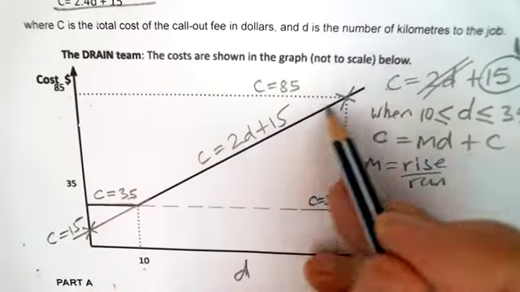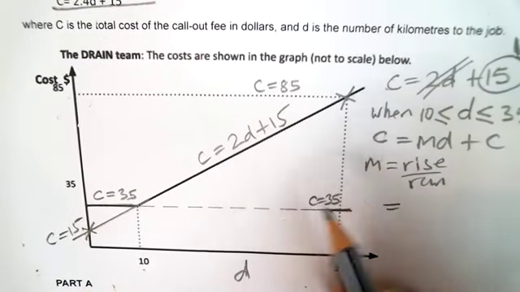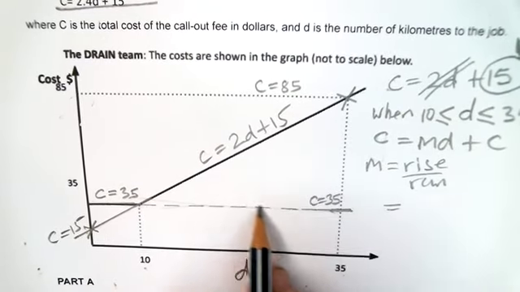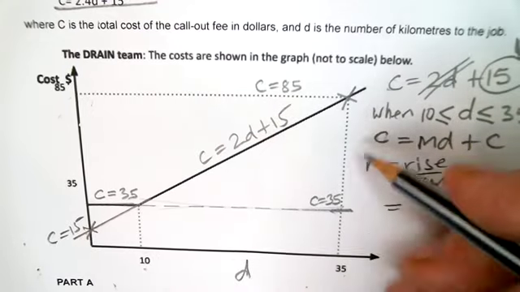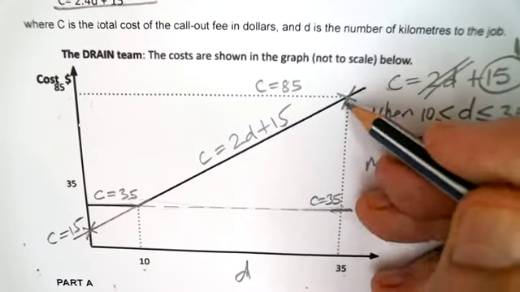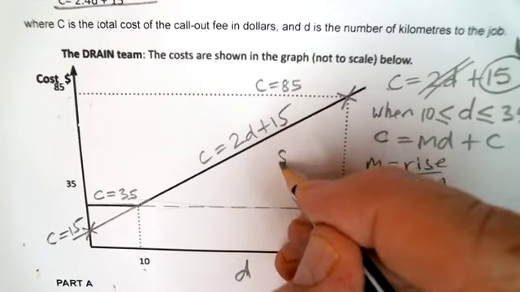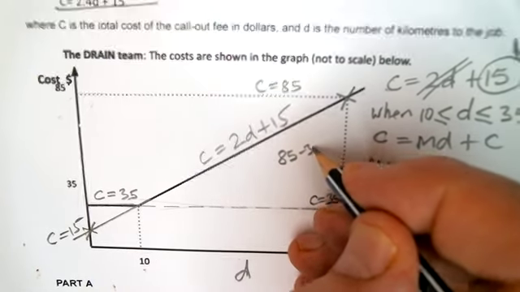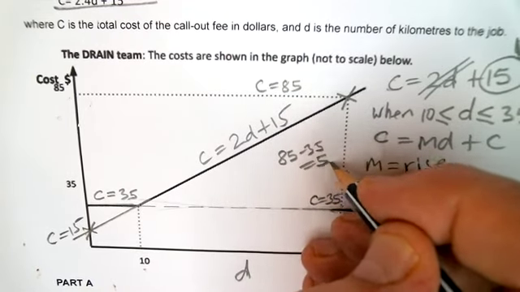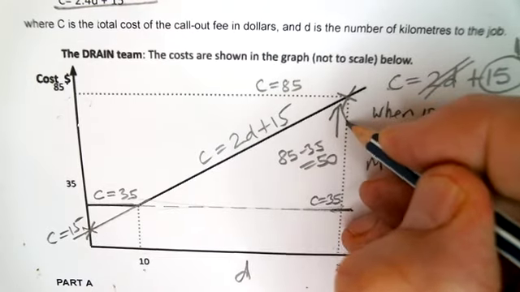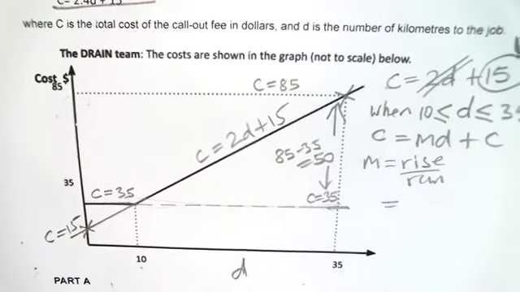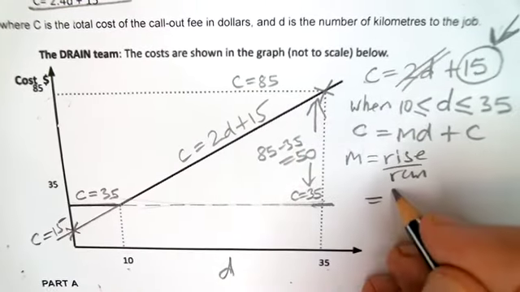So we've got C equals 35 is this line here, C equals 85 is this line. It's the difference, of course, between 85 and 35. So I could go 85 minus 35 equals 50. So this distance here, from here to here, is in fact 50. So the rise is 50.